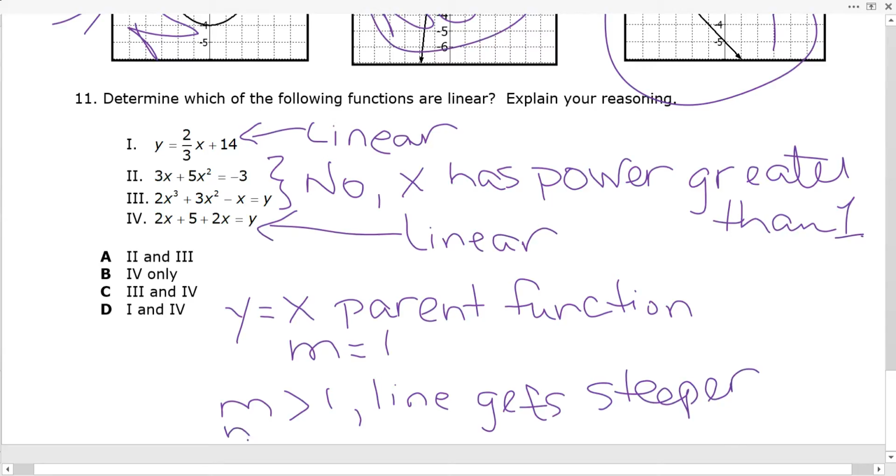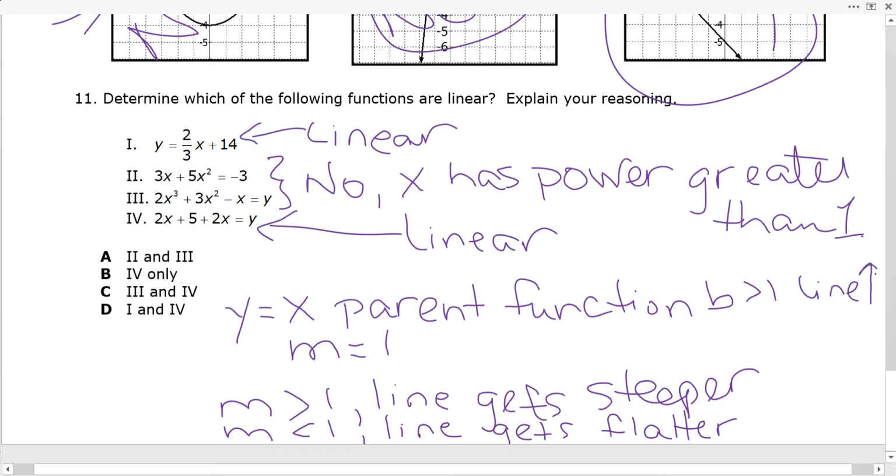As you can imagine, when m is less than 1, your line gets flatter or less steep. And then when you add a b value, if b is greater than 1, your line shifts up. And if b is negative, then your line shifts down.